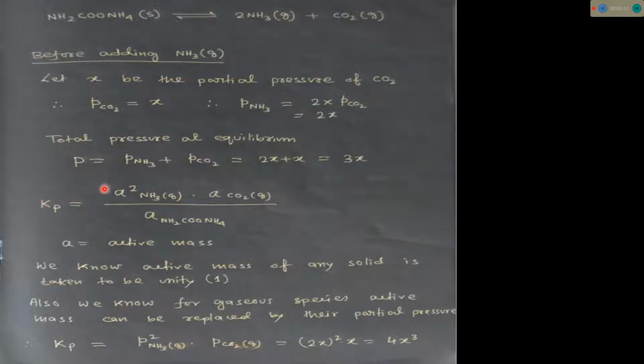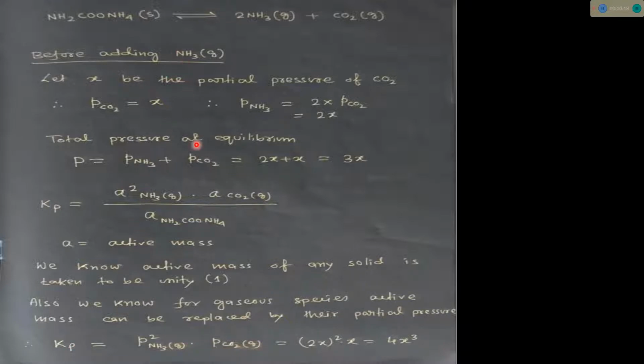So Kp is equal to, with the active mass of ammonium carbamate solid being unity, the partial pressure squared of ammonia gas times the partial pressure of CO2 gas. The partial pressure of ammonia is 2x, so 2x whole squared times x means 4x cubed. This is the value of Kp.